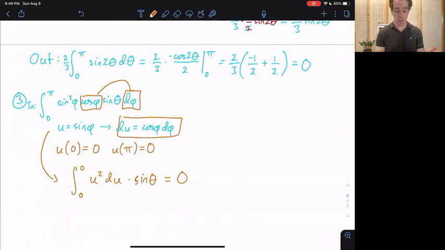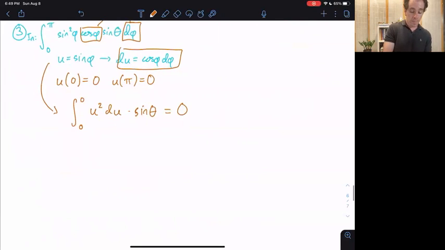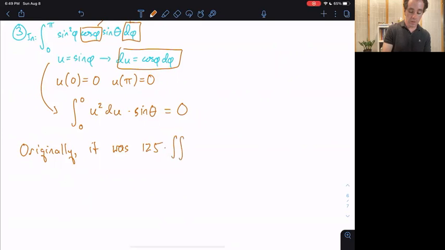So what have we learned here? Well, originally it was 125 times this double integral over the domain, d phi d theta.